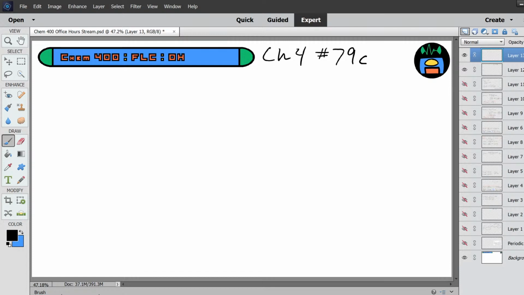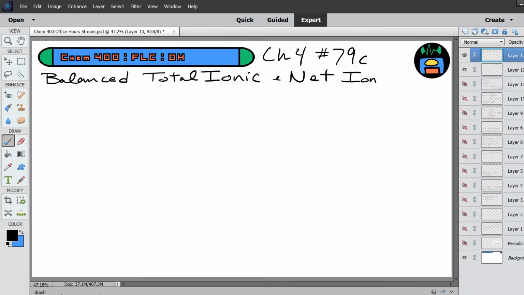All right, so we need to write a balanced, the book calls it a complete ionic equation. In lecture, we called it a total ionic equation, and net ionic equations.